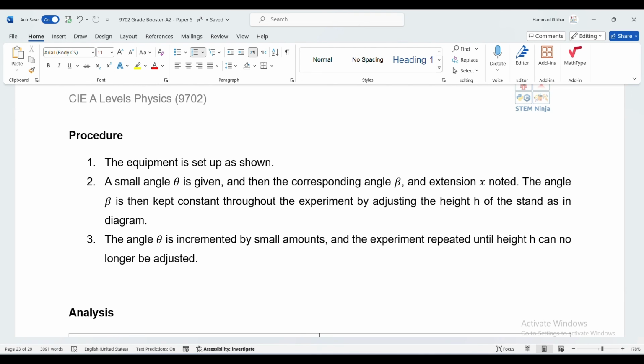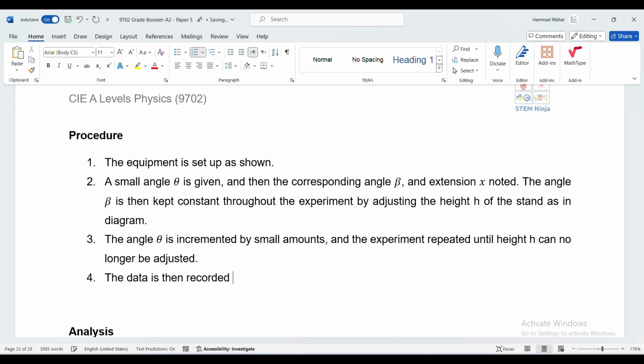Okay, so the values and the data are then recorded in a table.